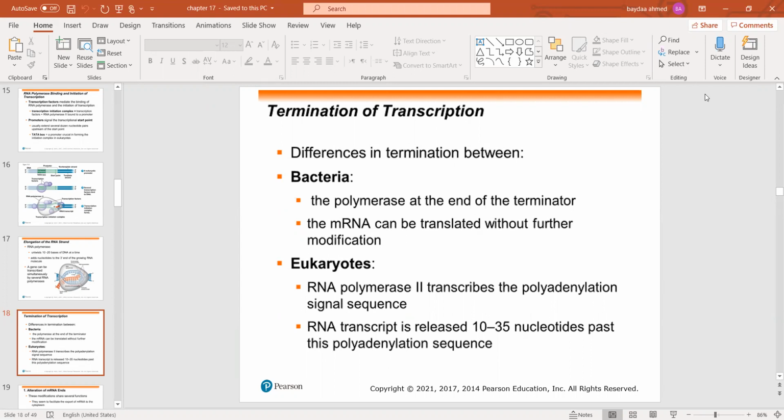This is called a signal because once this stretch of 6 RNA nucleotides appears, it is immediately bound by certain proteins in the nucleus. Then at a point about 10 to 35 nucleotides downstream from the AAUAAA, these proteins cut the RNA transcript free from the polymerase, releasing the pre-mRNA.